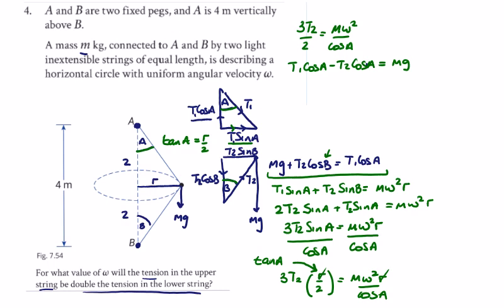If I divide by cos A here, I get T1 minus T2 is equal to mg over cos A.